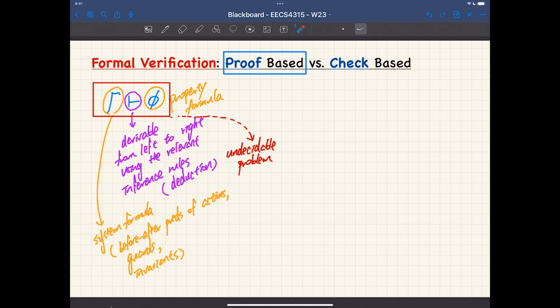In general, given some arbitrary formula and another arbitrary formula, does there exist a sequence of inference rules that can derive one from the other? This is, in general, a hard problem. That is why this cannot necessarily be automated.